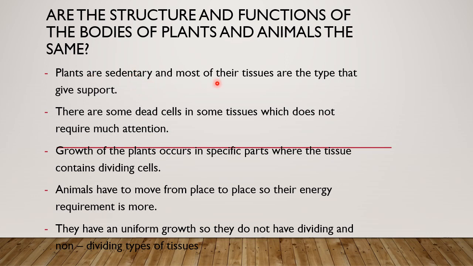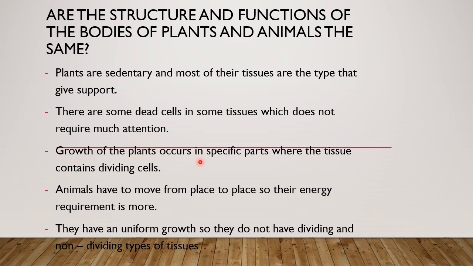So plants are sedentary, so most of the tissues are of the type that gives support, because they have to withstand all the calamities, as in the high wind, the rainfall, the scorching sun. There are some dead cells in some tissues which do not require much attention, and that becomes hard, for example, the bark of the tree.